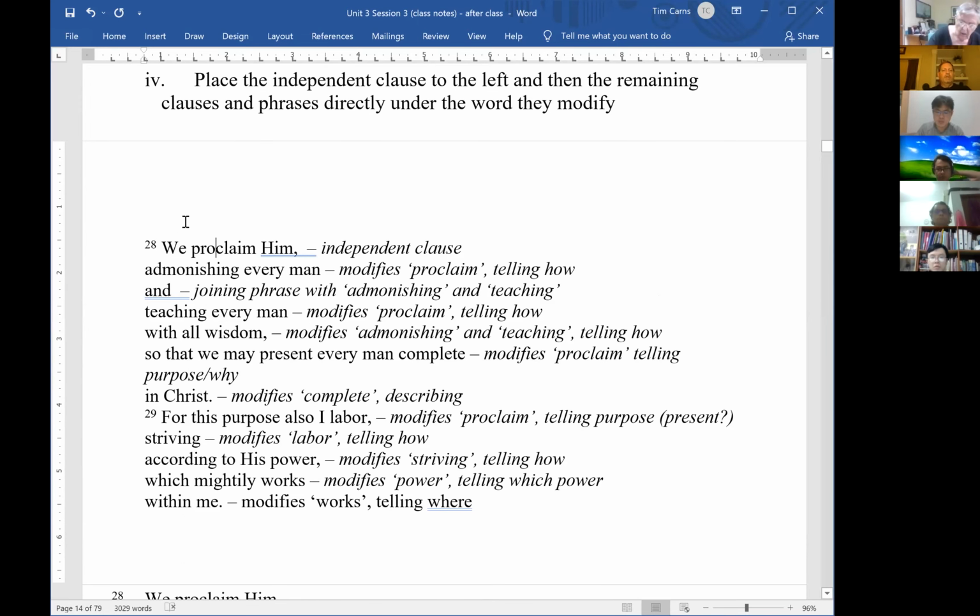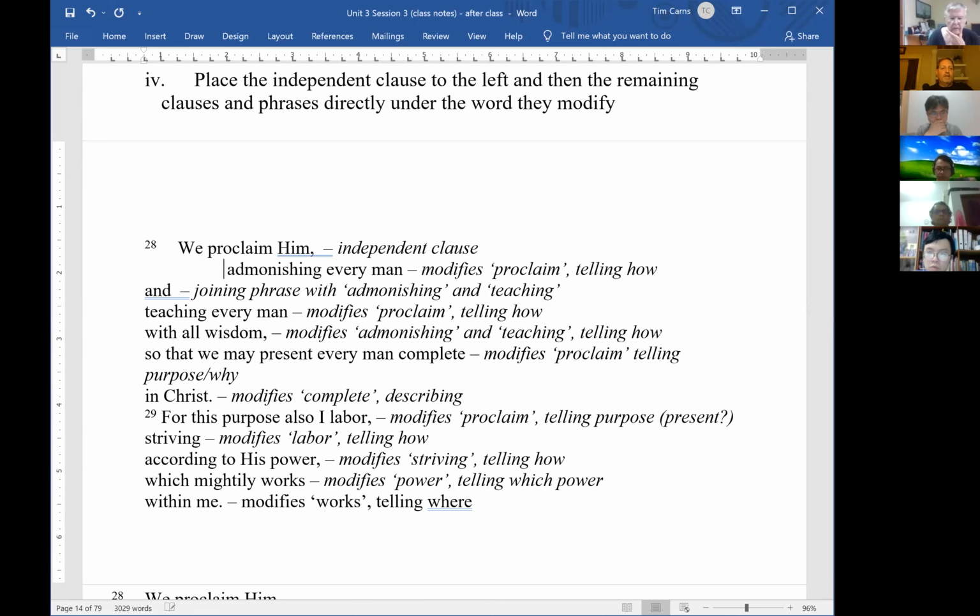All right, so the next step is just placing the phrase or clause underneath the word that it modifies. Here, "proclaim him" is my independent clause, so that's going to be put to the left. "Admonishing every man," we said that modifies proclaim. I put it under proclaim because it's telling us how, and I'll identify the question it's answering over here.